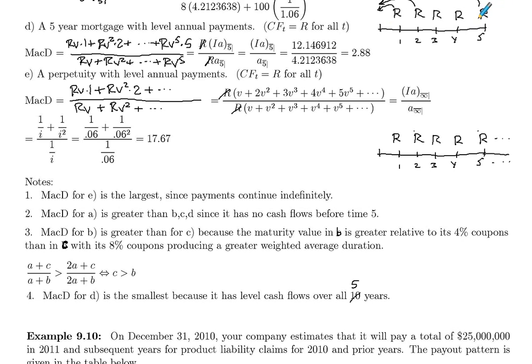So that bigger cash flow out at the end is going to pull the duration out farther, because the duration is weighted by the present value of the cash flows. Present value of a large cash flow at the end is going to be pulling the duration out towards the end, whereas everything equal, you're not going to have that higher weight in the weighted average. So that's why this one's the smallest.